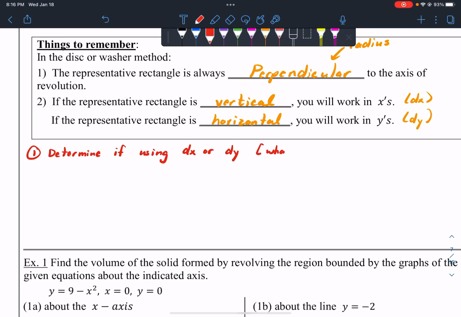So what's the axis of revolution is a good question to ask yourself when trying to determine this. The second thing is we want to find the limits of integration. So those two are the same steps for both. Okay, so limits of integration, and that often involves intersections.